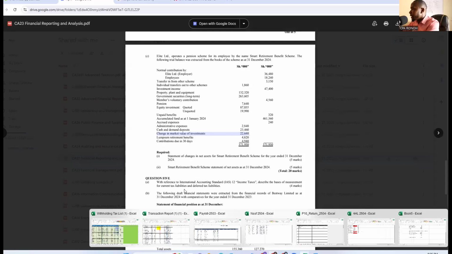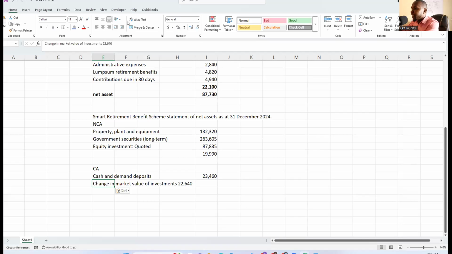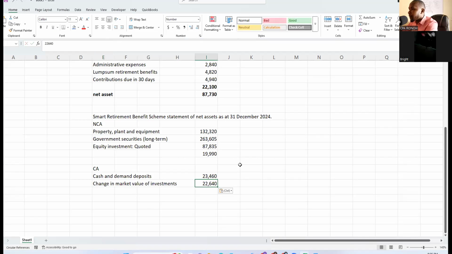This one actually looks like a non-current asset, but it is not a fixed one. So we can classify it as a current asset, I mean.